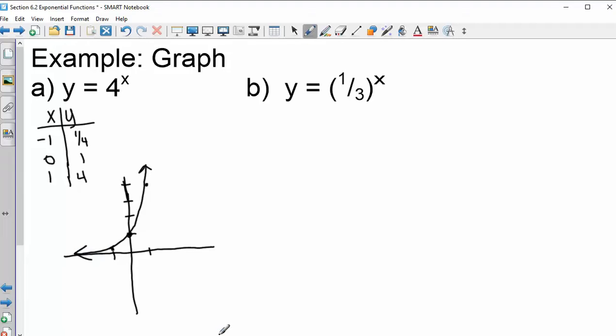And so I will be looking for those 3 points on your graph, and that you have your asymptotes in the correct spot and a nice smooth curve.